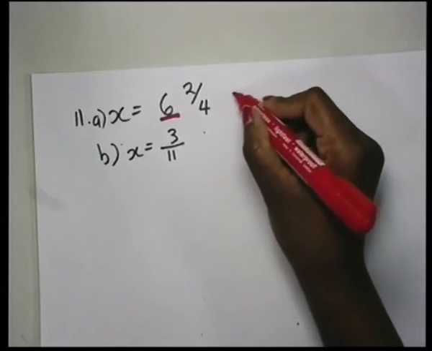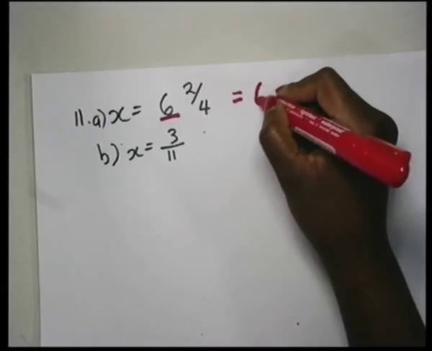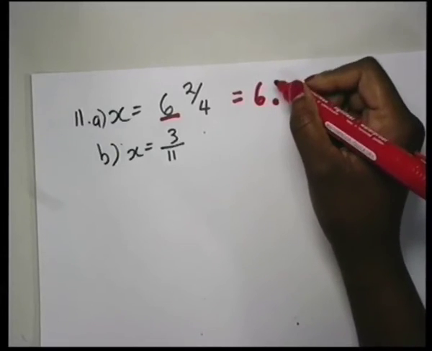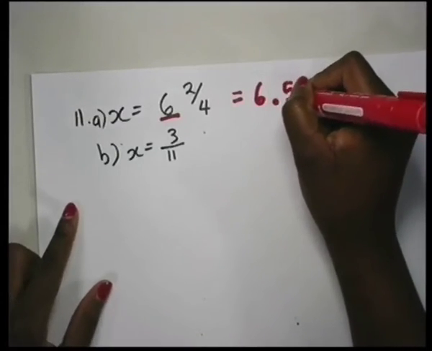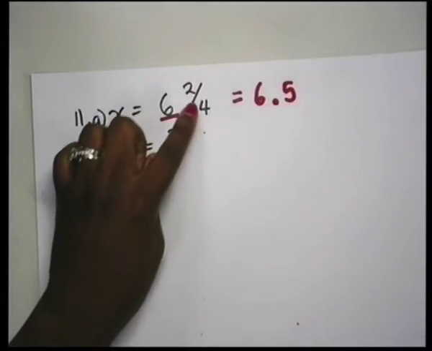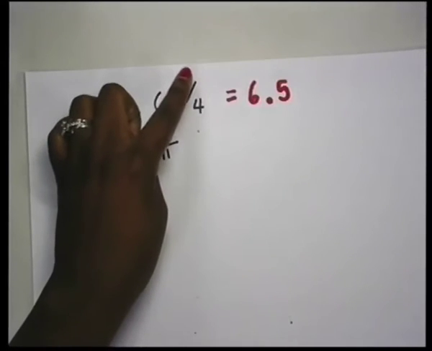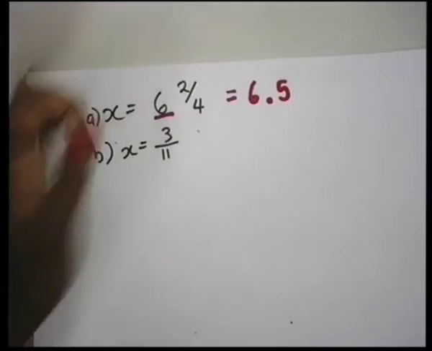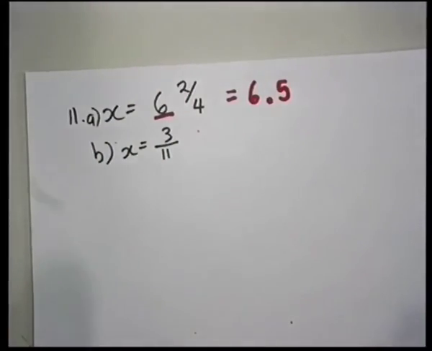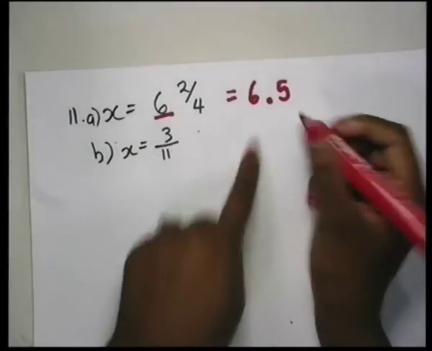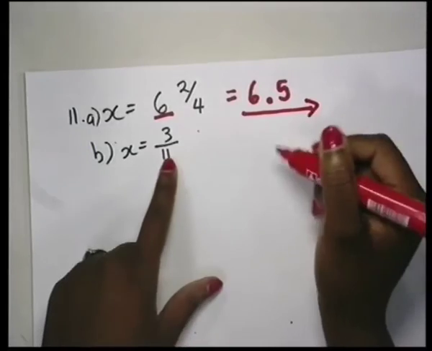So in this case, the answer is 6.5, because 2 divided by 4 is equal to 1 over 2, which is a half. A half is equal to 0.500. So in this case, the answer is 6.5.